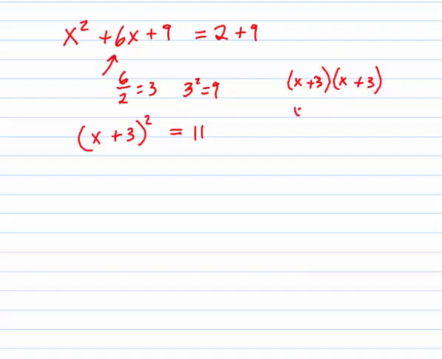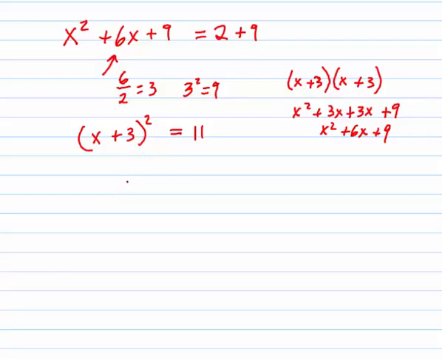That's x squared plus 3x, plus 3x, and then finally plus 9. Right, x squared plus 6x plus 9. And that's why we take half of the 6, because we get a 3 there and a 3 there, and then the product, the squaring of it, becomes the 9. So we complete the square.